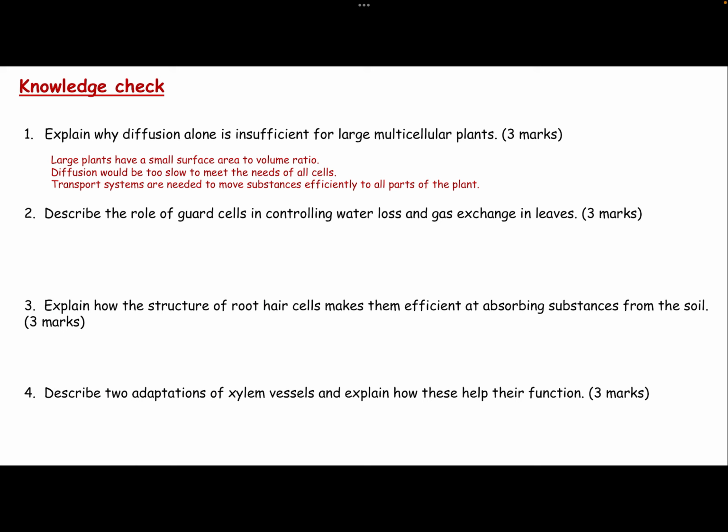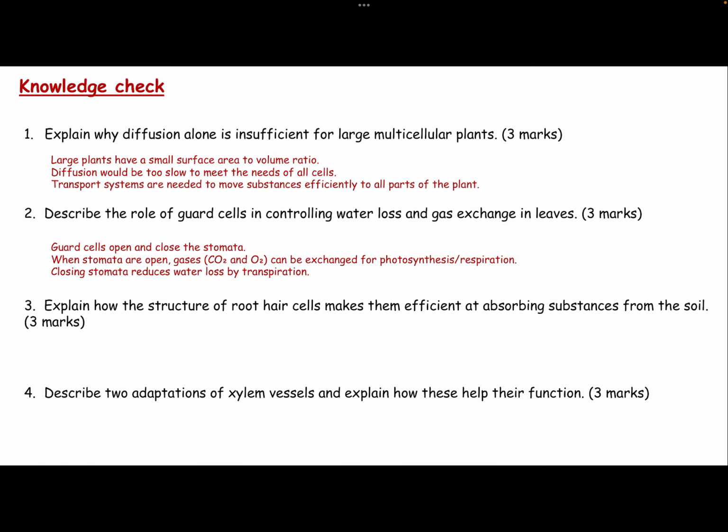Describe the role of guard cells in controlling water loss and gas exchange in leaves. So guard cells open and close the stomata, so they control that. When stomata are open, gases such as carbon dioxide and oxygen can be exchanged for photosynthesis and respiration.